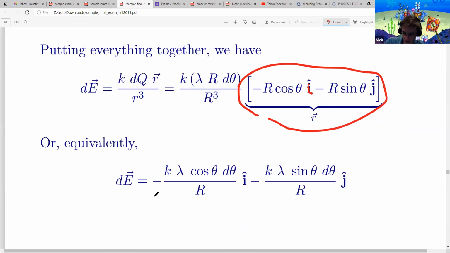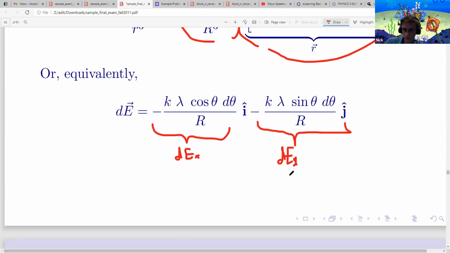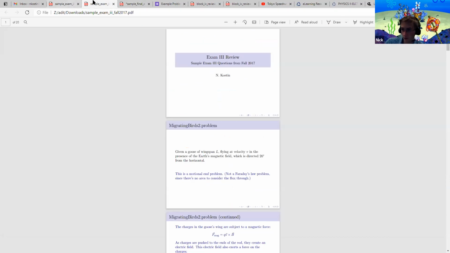So I could split this into an x component of my differential electric field and a y component of my differential electric field, dE sub y. All I did was distribute this expression into here and write everything out such that I have an i hat component and a j hat component.